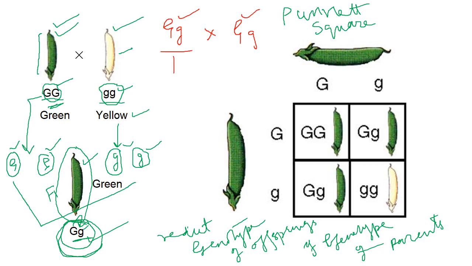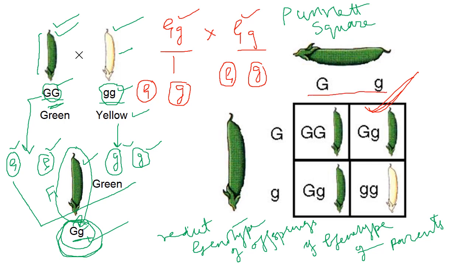Now we'll have two gametes, capital G and small g, and here again capital G and small g. Now we'll cross them using this Punnett square, with capital G small g on one side and capital G small g on the other.